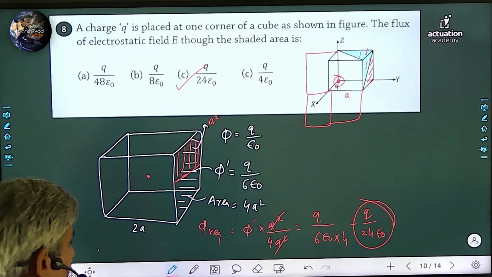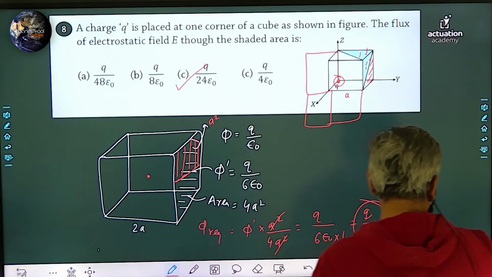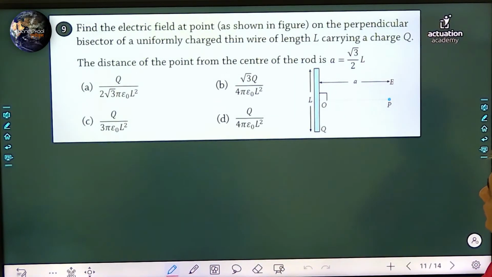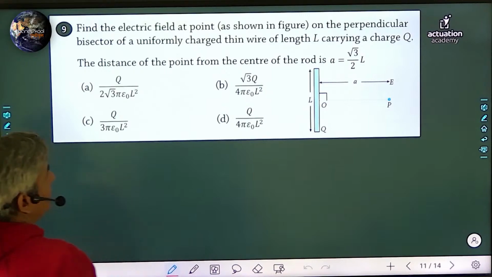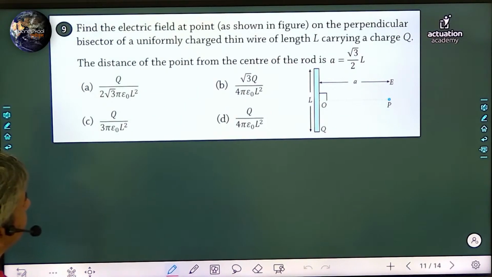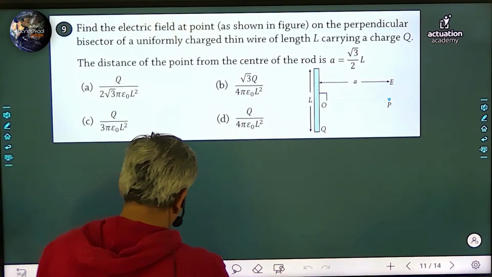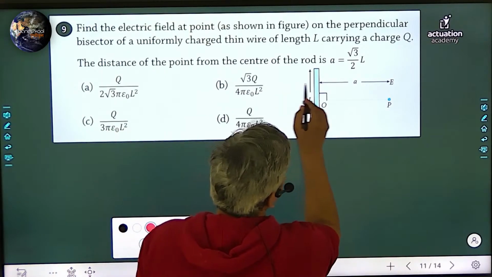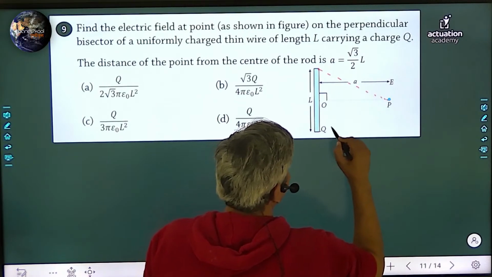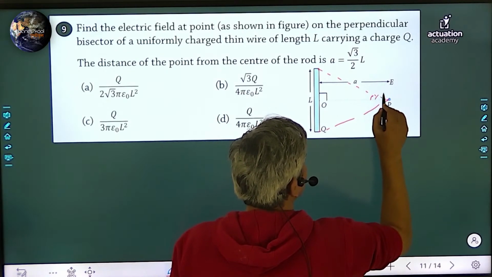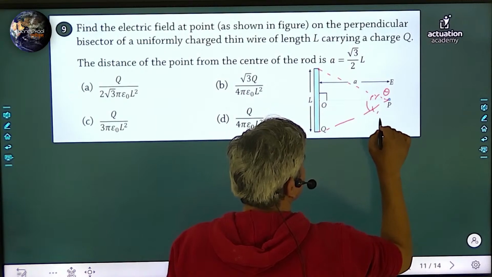Now let's move to the next one. Find the electric field at a point on the perpendicular bisector of a uniformly charged thin wire of length L carrying a charge Q. The distance of the point from the center is root 3 by 2 L. Because P is on the center line, this angle is theta and this angle is also theta.